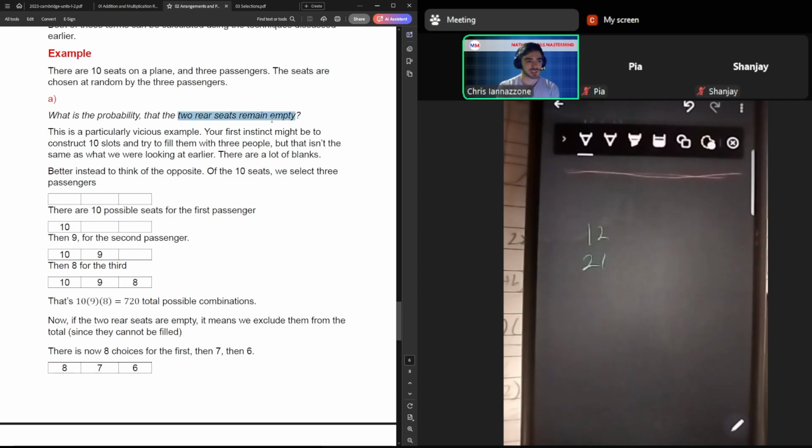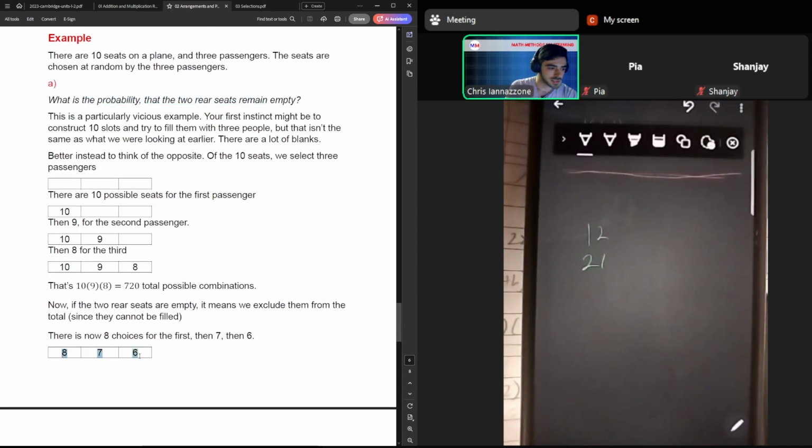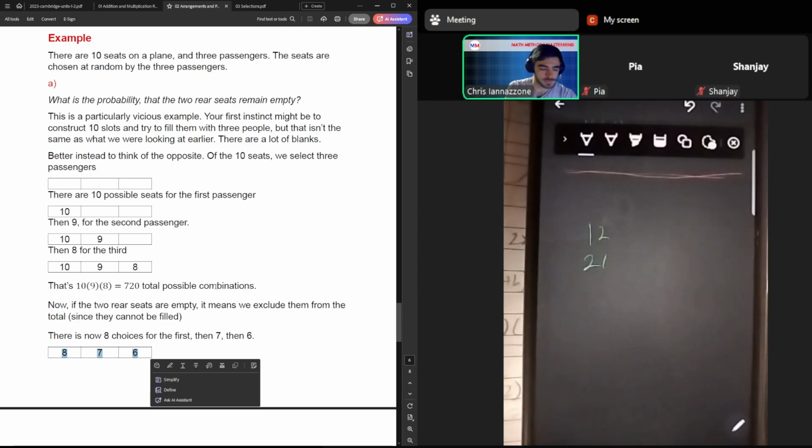For the 2 rear seats to remain empty, it doesn't actually matter that they're called rear seats in this case. Really, it just matters that 2 seats specifically remain empty. Like we chop those off from the list of possibilities. So when we're calculating our numerator, our x, the number of combinations that are applicable to this probability, instead of having 10 possibilities at the beginning, we now have 8 possibilities in the beginning.